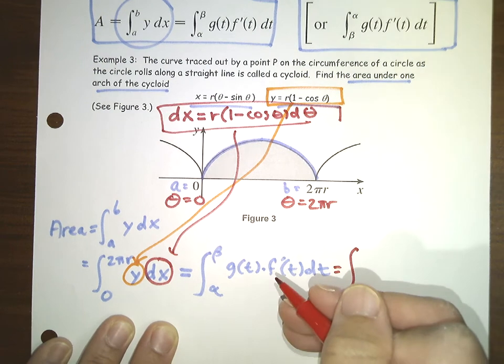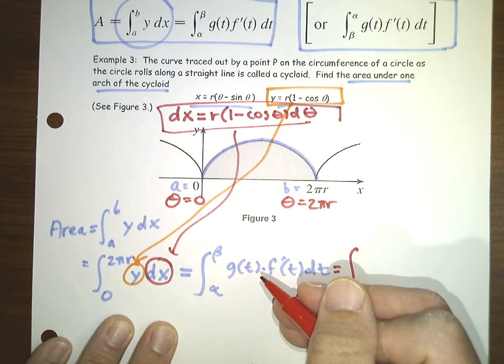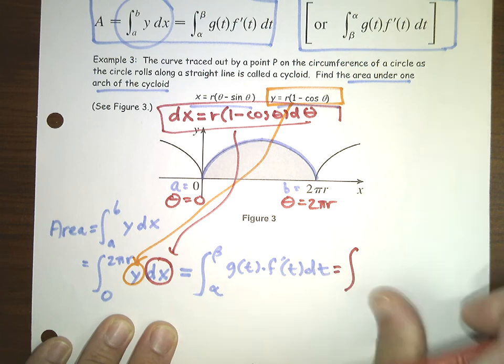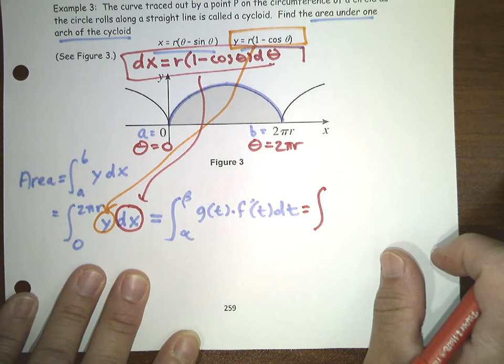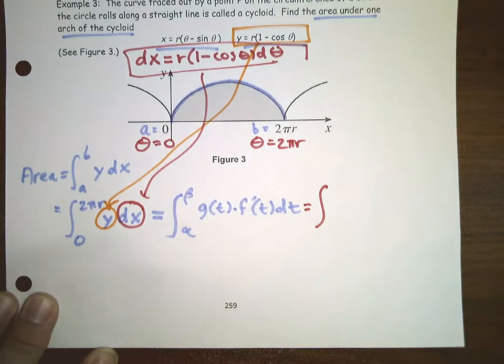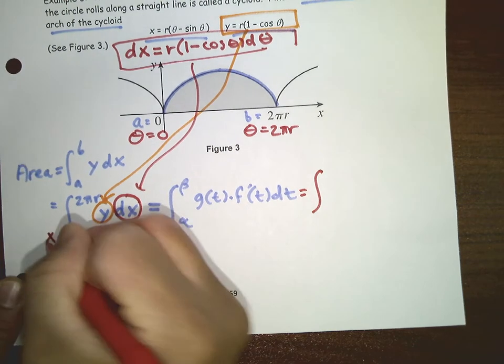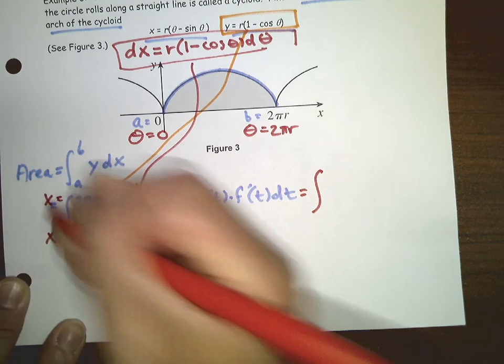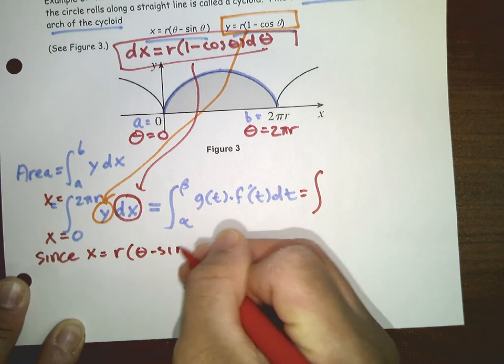Well, all right, so I need to figure out what alpha and what the beta are. But by the way, let's just be really clear on what is going on here. If this is x and this is x, since the x was r times theta minus sine of theta, right?